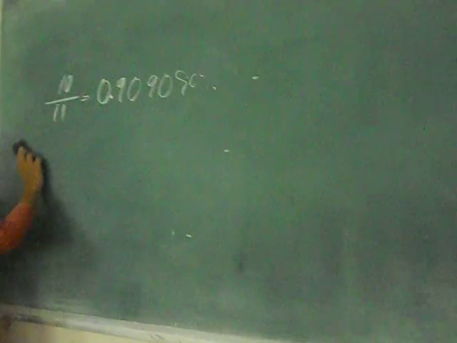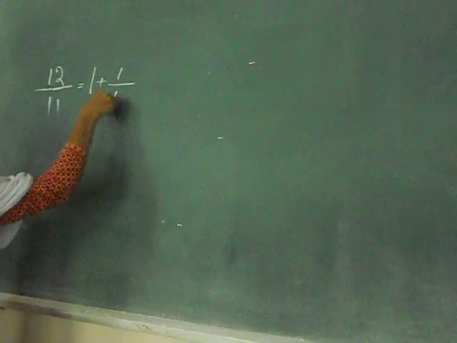So in order to find the answer of any number which is greater than 11 divided by 11, we just have to put the first number as such and convert this to a mixed fraction. So put the first number as such plus the first number minus the second number, that is 1 divided by 11.